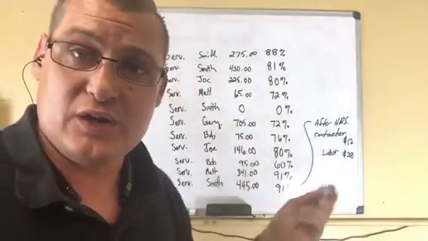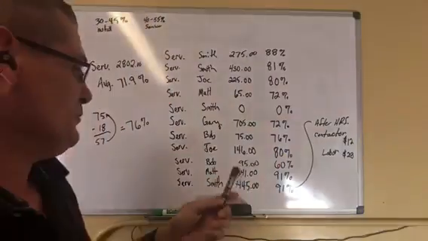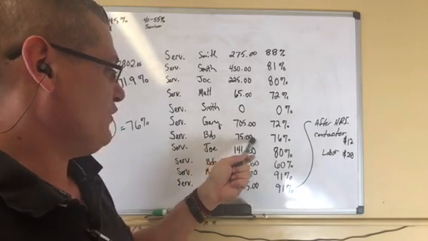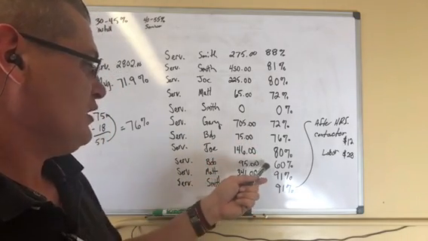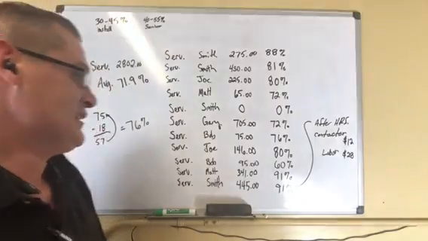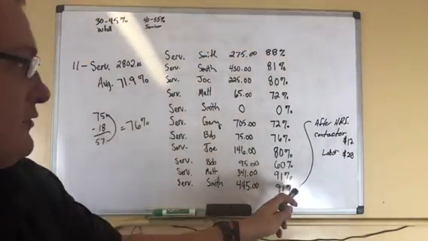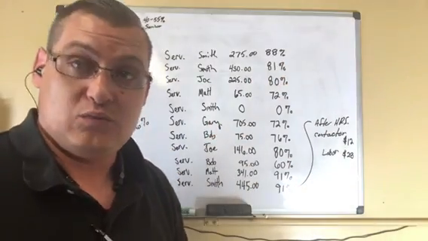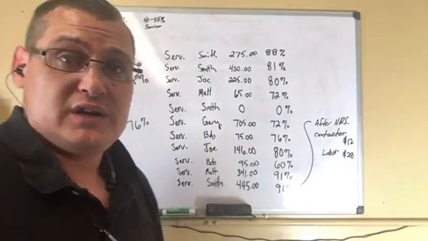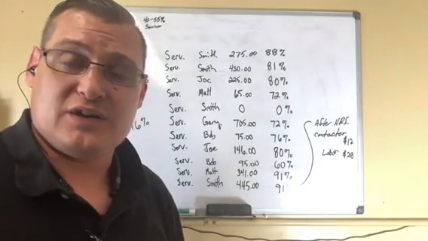These numbers are real. The names are fictitious. On this service call for Bob, we hit 76. On this one for Bob, we hit 60%. It's one of those things that if we don't go a little bigger on what we're shooting for, you put a 0 in there and it really screws up your averages.